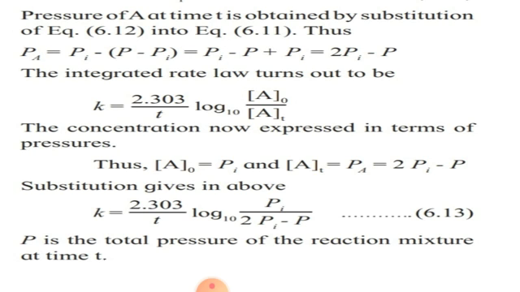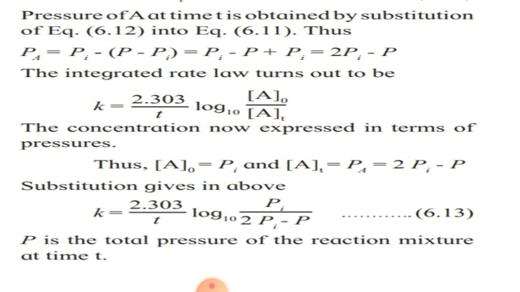Thus A naught changes to Pi and A at time t changes to Pa, whose value is 2Pi minus P.